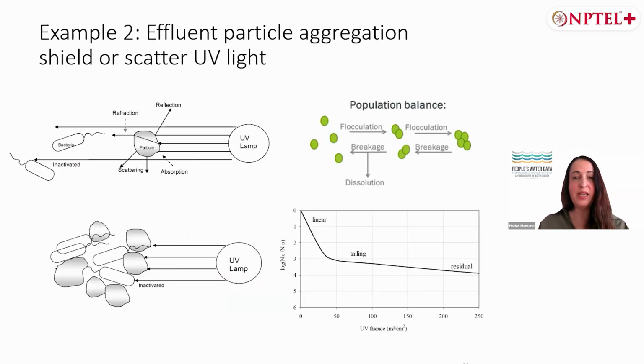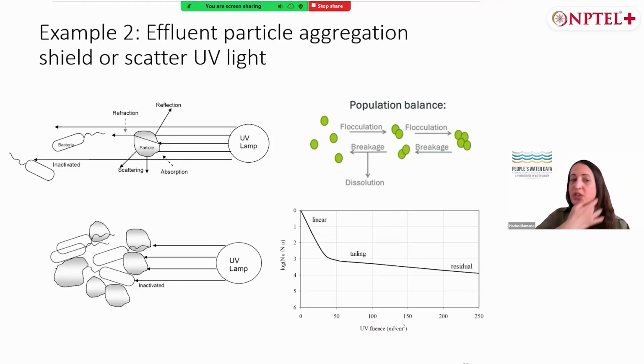Another example is the impact of particles on UV disinfection. So here we can see a particle, and this is the UV light. The light can interact with the particle and result in reflection, refraction, scattering, or the particle, for example, may be organic, and therefore the light may be absorbed on the particle.